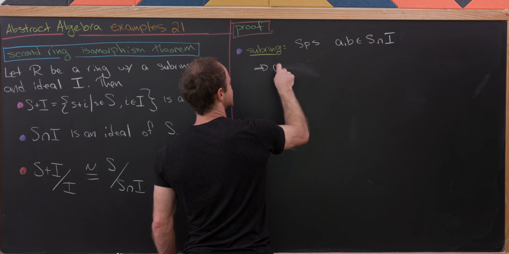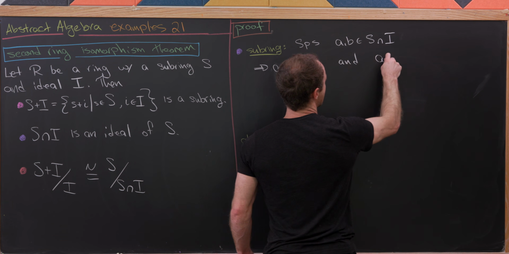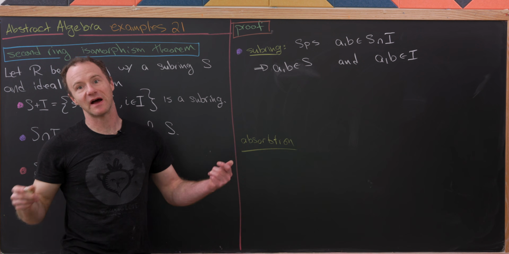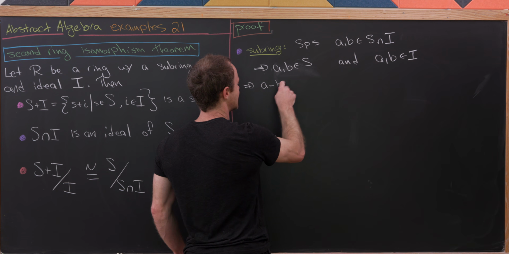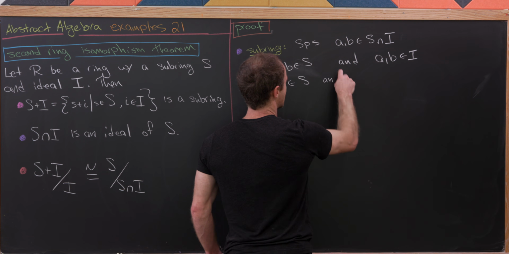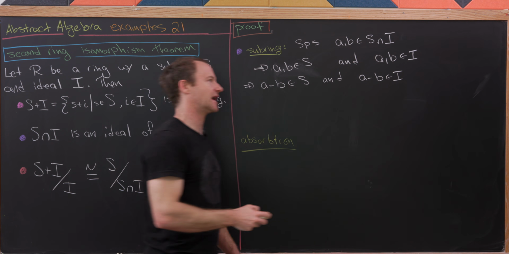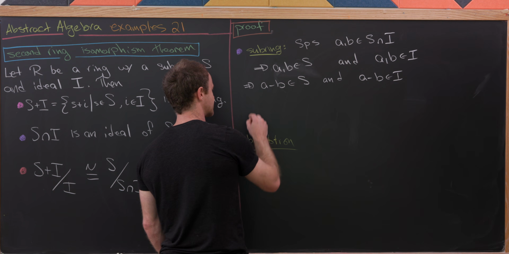So notice this tells us that a and b are in S and a and b are in I. Again, that's by the definition of intersection. But that means that a minus b is in S and a minus b is in I, because S and I are both subrings. Ideals are a special class of subrings.